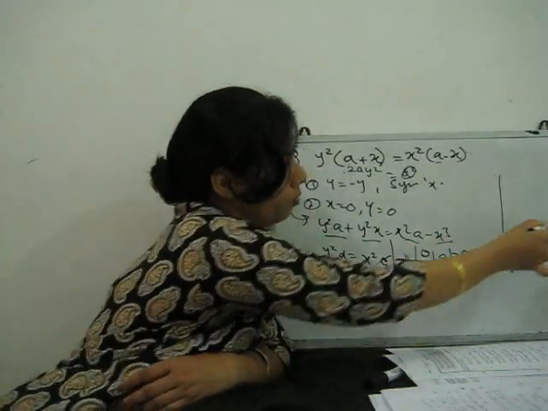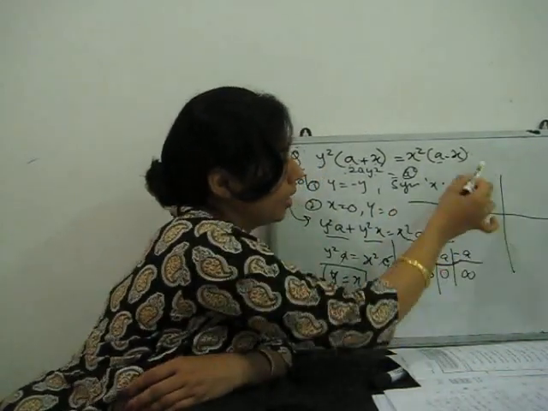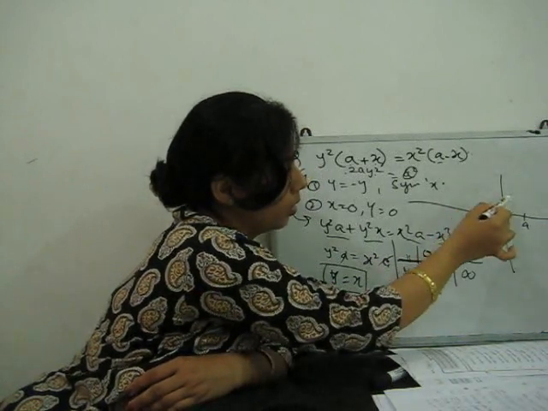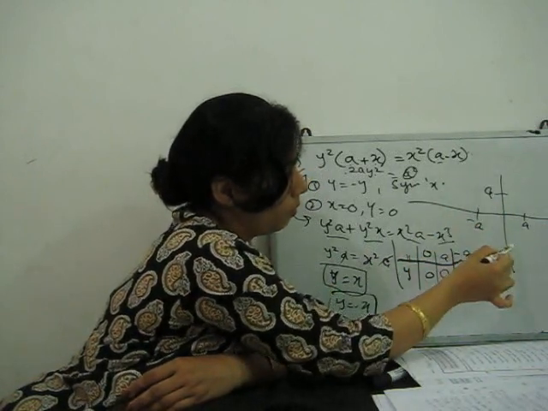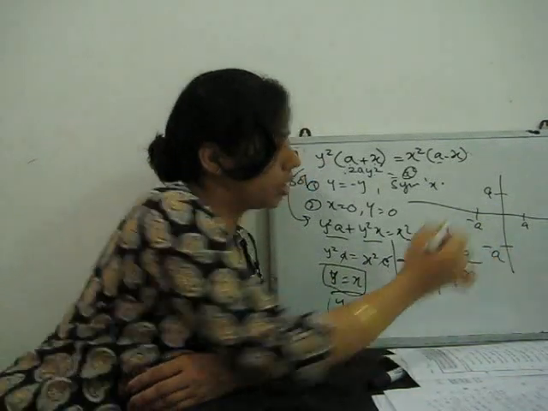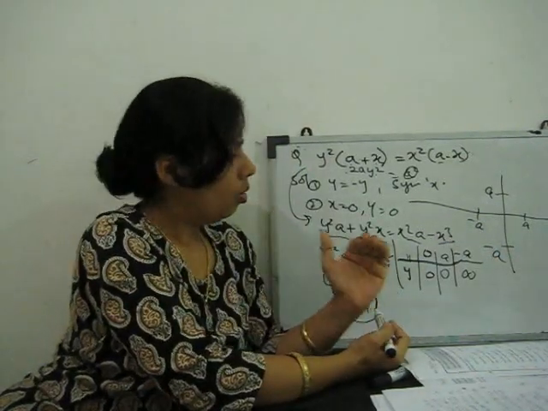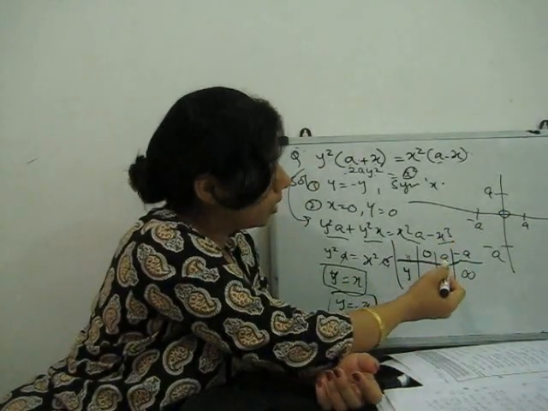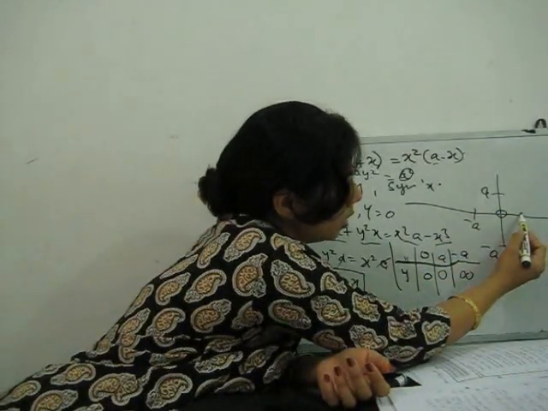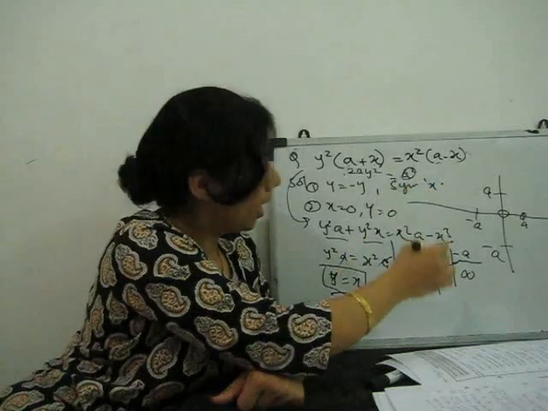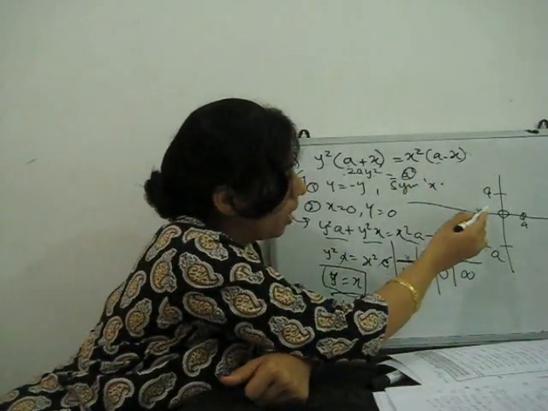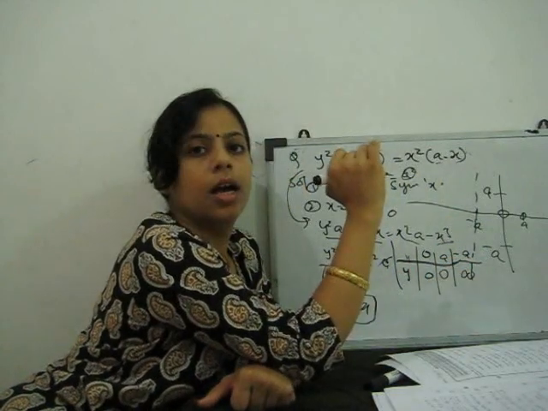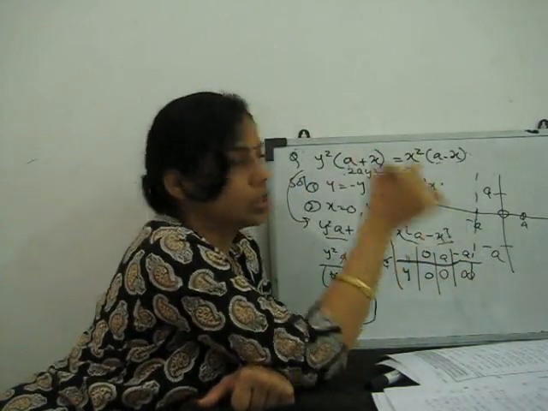So now trace the curve x, y, a, minus a. This is a for y, this is for minus a. Clear? Now at 0, 0, 0, 0 is a point, and at x is equal to a, y again 0. Okay, and at minus a, y goes infinity. Means minus a is the asymptote.